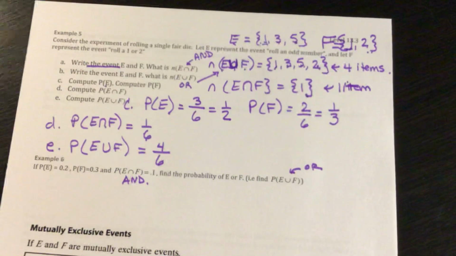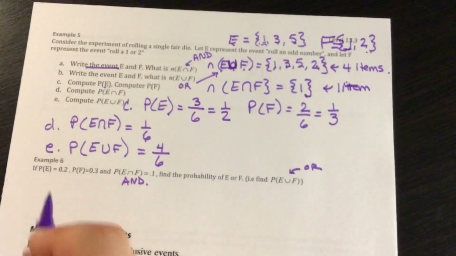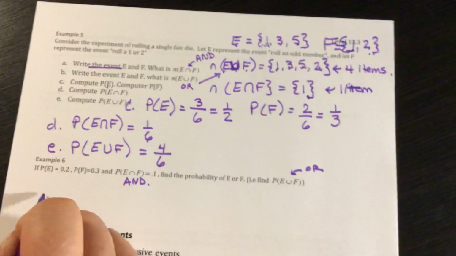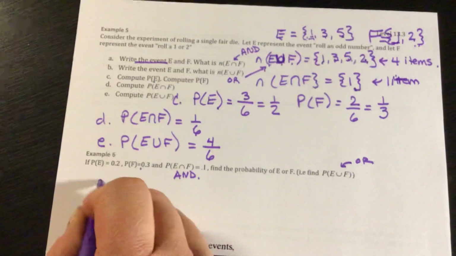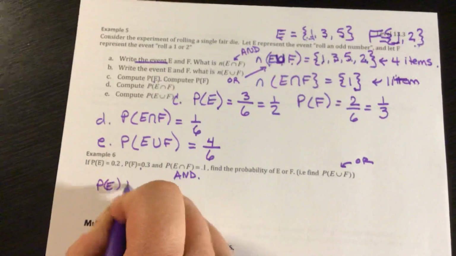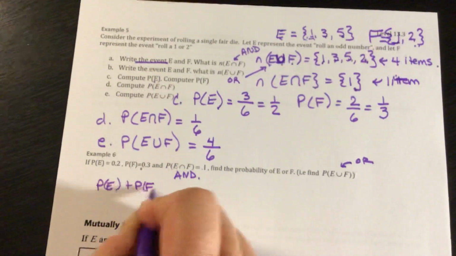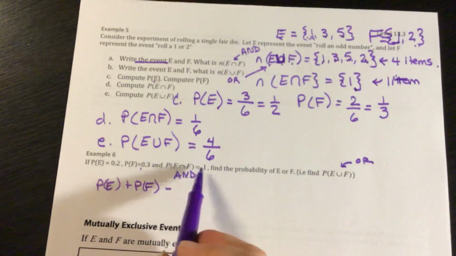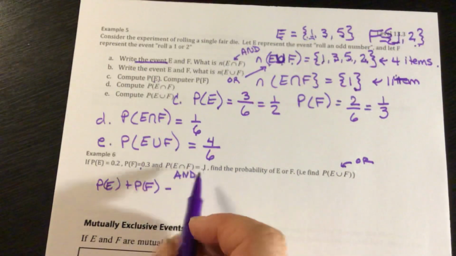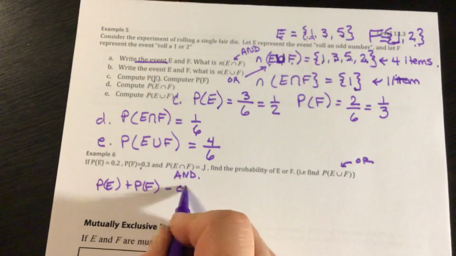Okay, these were things that weren't mutually exclusive. So what this means is I can add the probabilities of E and F happening, but some of them are in both sets. So I have to take away the overlap.